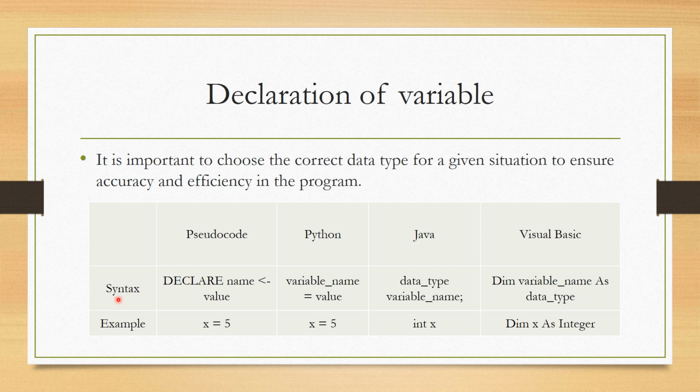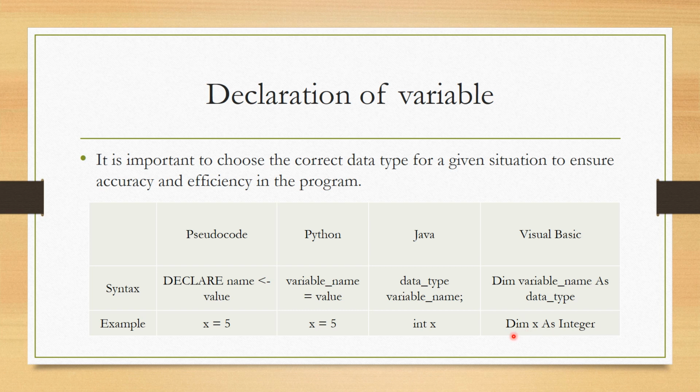And syntax is basically the rules we have to follow when we are doing something in that language. In Python, we will just write down the variable name, equal, and value. In Java, we will write down the data type and variable name. And in VB, we will use Dim as a keyword, variable name, As is also a keyword, and then the data type.